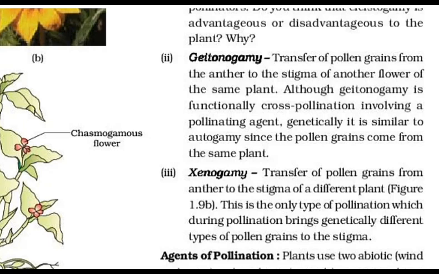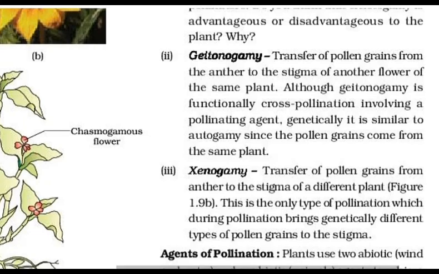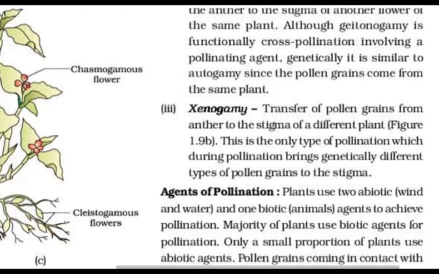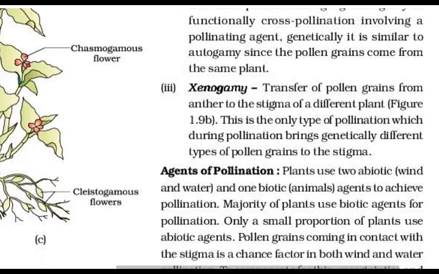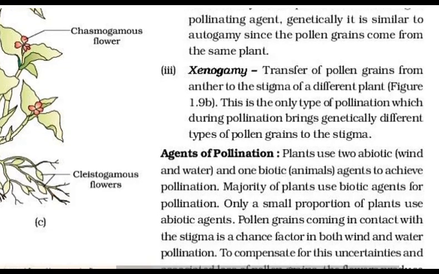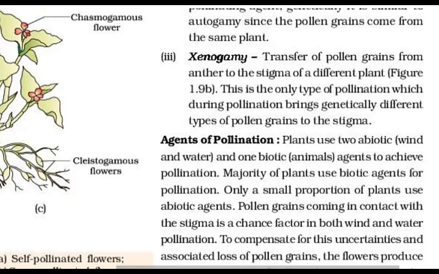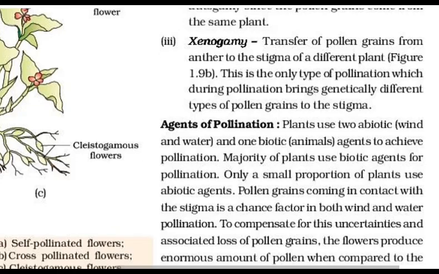Observe the distribution of the cells inside the embryo sac. 6 of the 8 nuclei are surrounded by cell walls and organized into cells. The remaining 2 nuclei, called polar nuclei, are situated below the egg apparatus, in the large central cell.